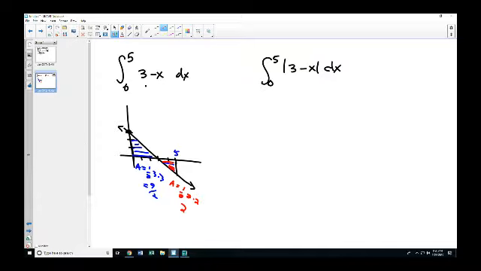No. Okay, so when we add these up, we get 13 over 2. Aren't you subtracting? No, oh, hold on. Whoa. That's a negative area, right? So we need to do subtraction. And we get 5 over 2.